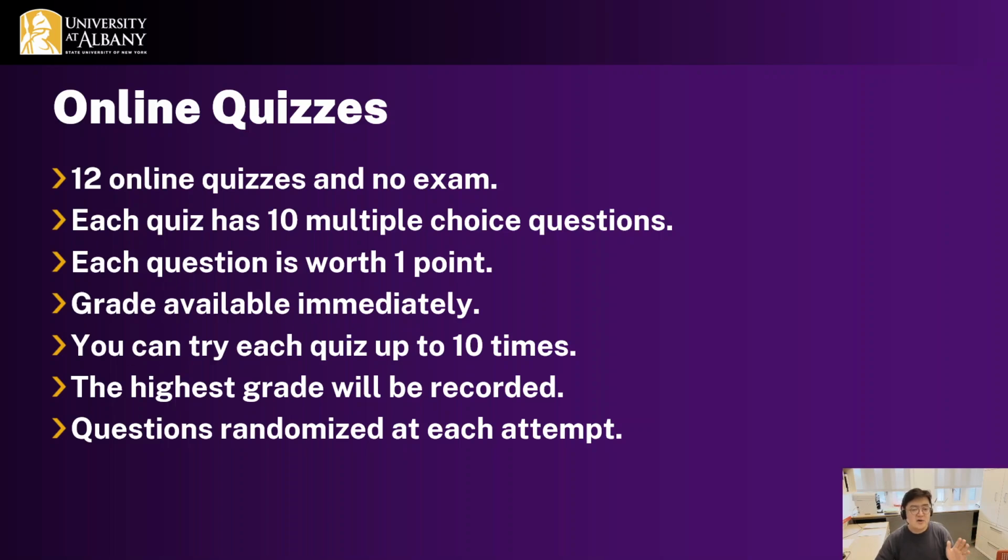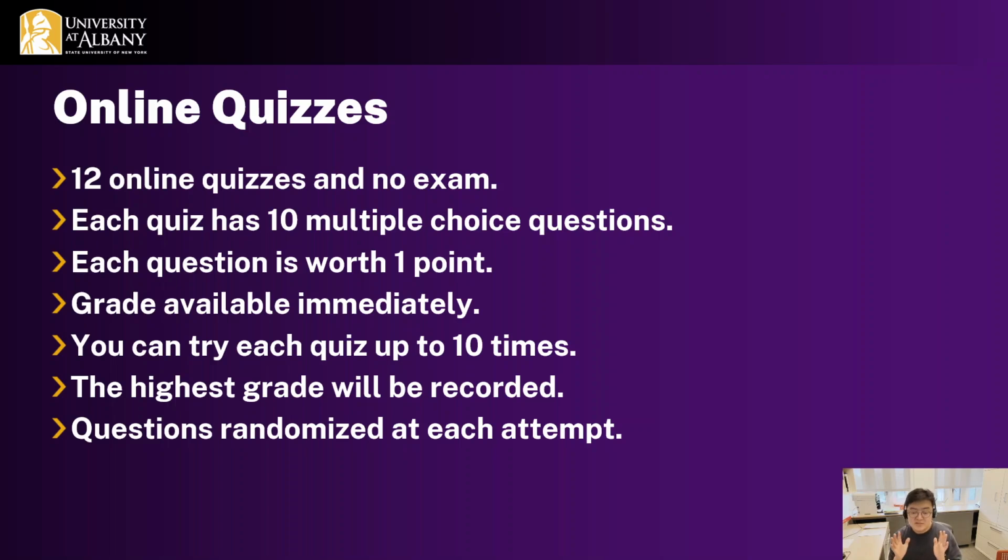And if you try multiple times, the recorded grade will be the highest, right? So if your first attempt, your grade is 2, and second attempt, 3, and third attempt, your grade is 9, then only 9 is your grade counting toward the final grade.